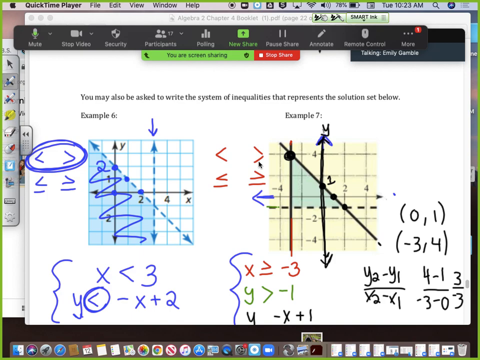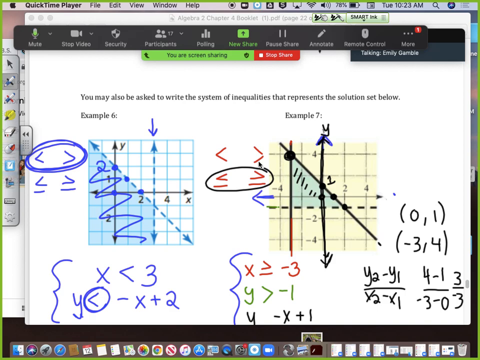But then we need to actually pick the type of symbol to use. It's either going to be less than or equal to or greater than or equal to because it's a solid line. The solutions that are shaded are underneath of this line. And we would have to pick a point that works in here. So if I'm looking here at the points that we could use, it looks like we could use 0, 0, which would be right here.